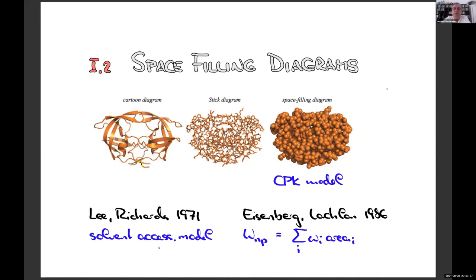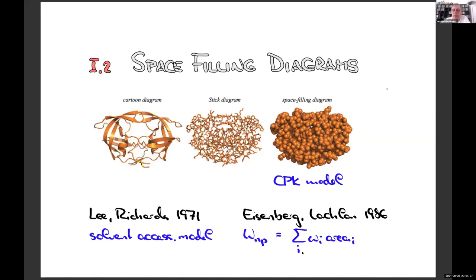So that's from 71. And in some ways, this is the model that makes structural molecular biology geometric. That's why geometry is interesting. And I want to mention also a paper by Eisenberg and Lachlan, where they propose that in the model for the nonpolar interaction energy is something related to the area.